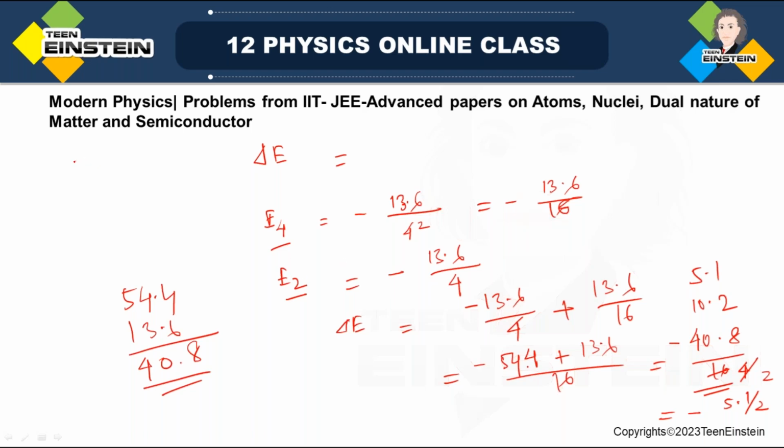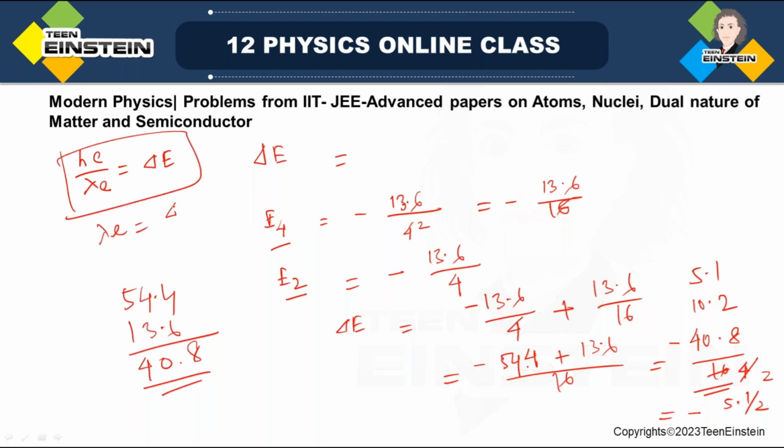Now we know hc by lambda is the energy. So from here the corresponding wavelength we will get.